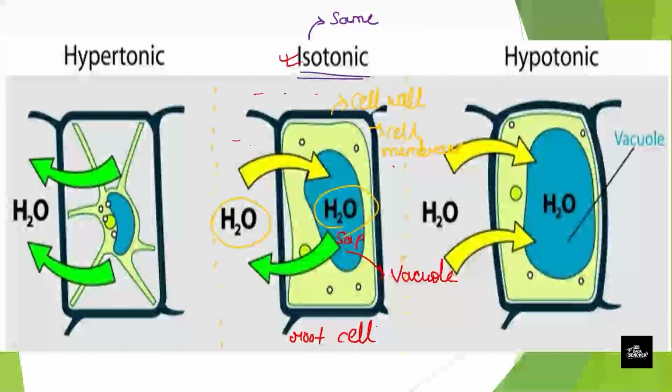Roots are those parts of the plant present under the ground, and they perform absorption in plants. The root cell is surrounded by soil. Soil also has a concentration of solution in it. Hence roots absorb a few substances from the soil.